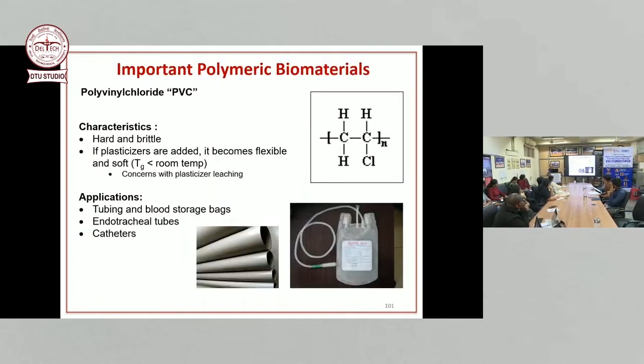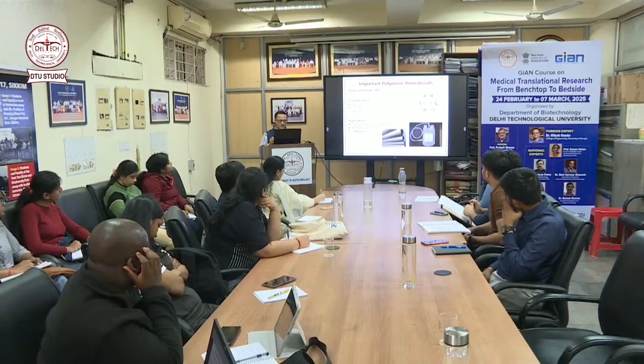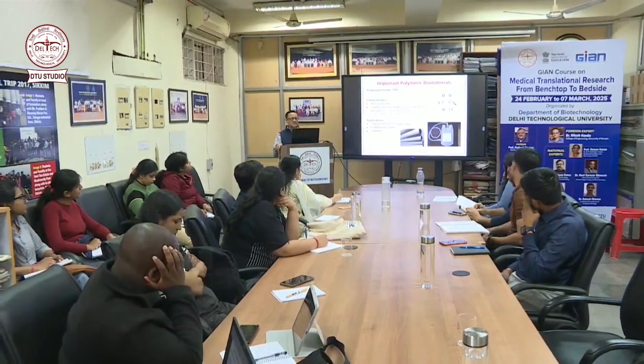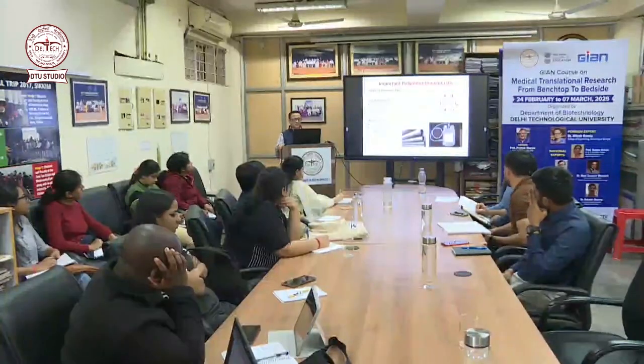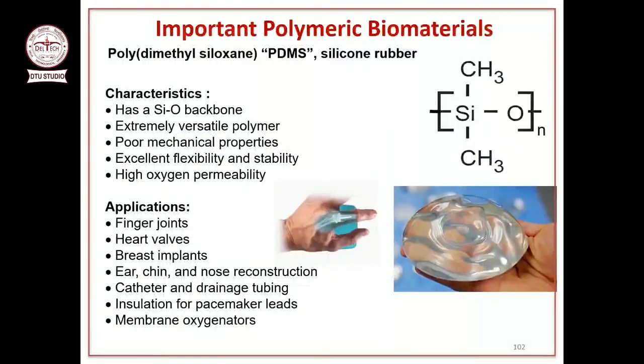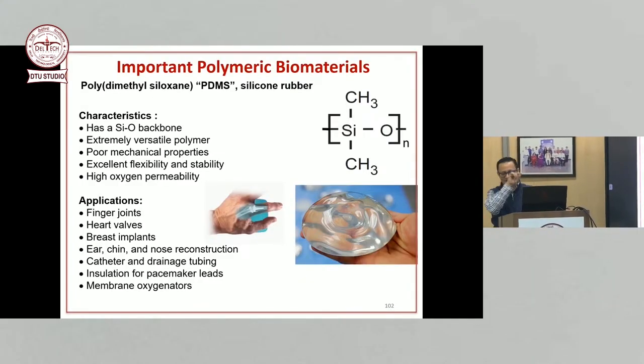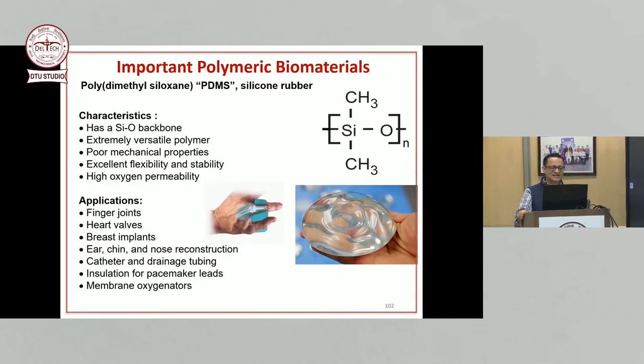Polyvinyl chloride is hard and brittle. If plasticizers are added, as we talked about, it becomes a little more flexible. It's used for tubings, endotracheal tubes, and catheters. PDMS, or silicon rubber, the polymer that has that inorganic backbone, is a versatile polymer with poor mechanical properties. When we make films of PDMS, you can actually tear it with your hand.